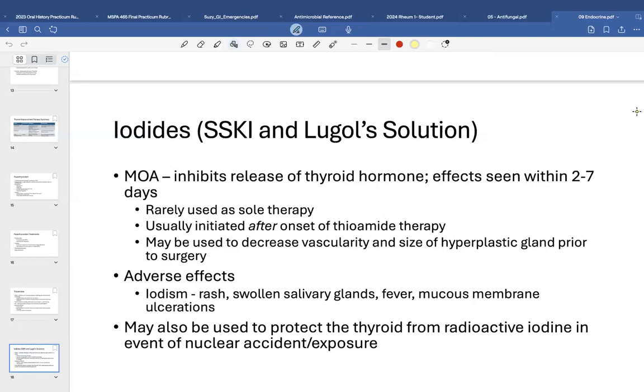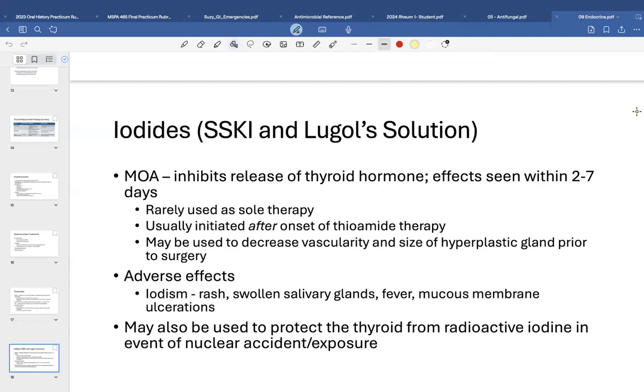to help patients with hyperthyroidism get over that initial period where we're not going to see any improvement with the thioamides. So SSKI or Lugol's, which we will initiate after thioamides, can shrink the thyroid gland and will block the release of thyroid hormone.